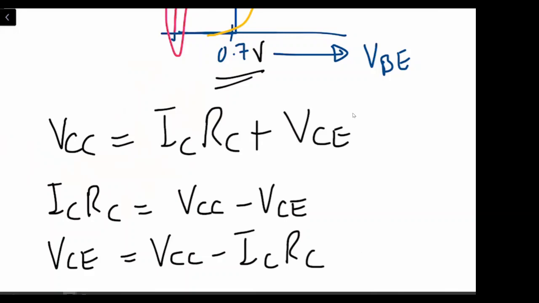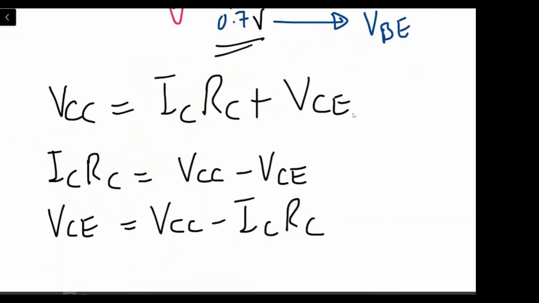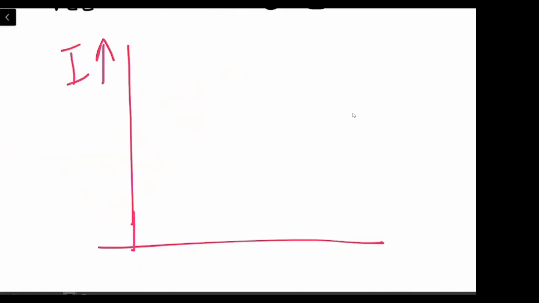Okay, so now coming towards the output characteristic curve. The output current is IC and the output voltage is VCE, right?